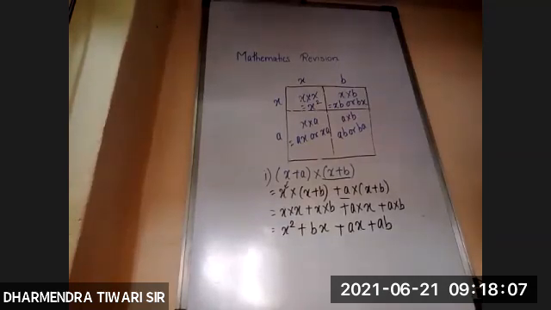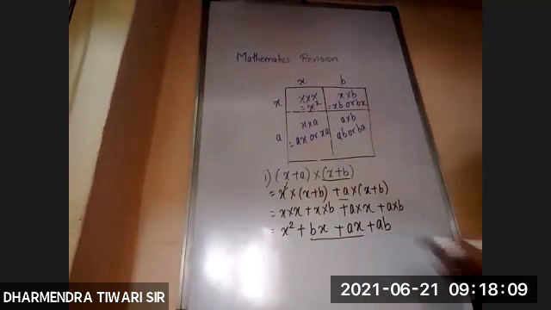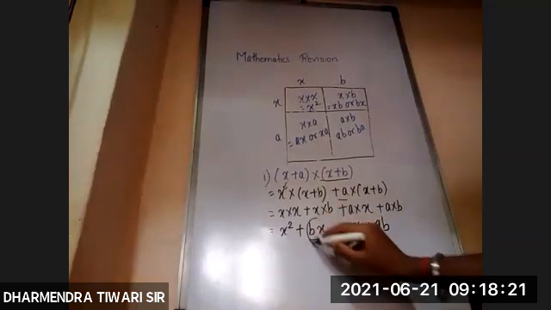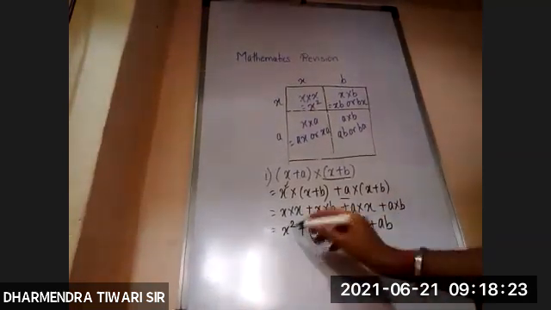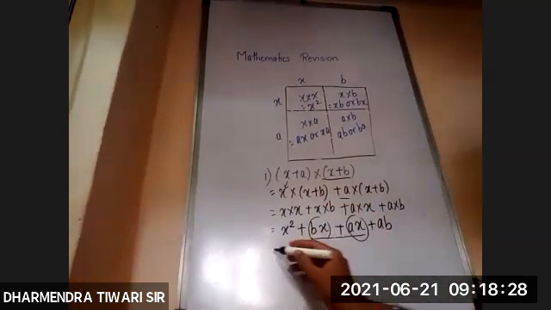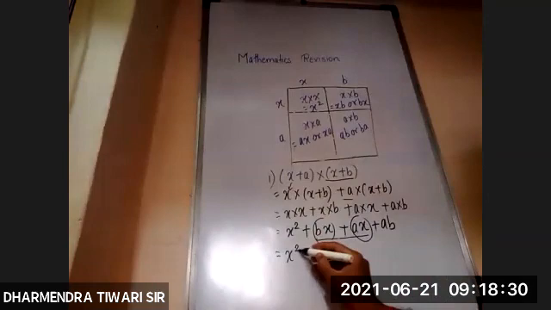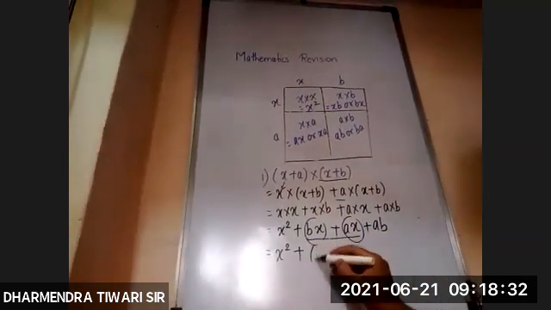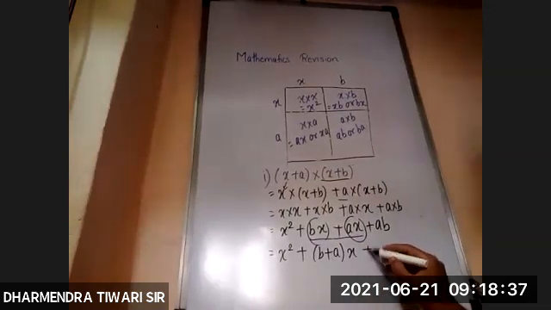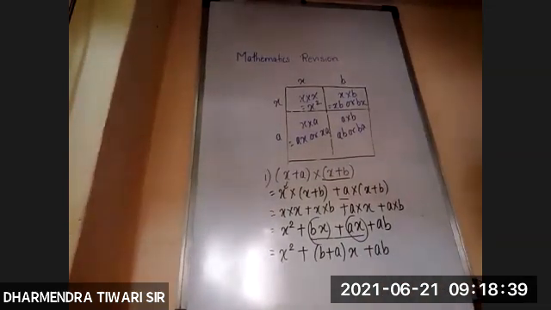Now, what is our observation? You observe that we can take x common, as x is present in both the terms. Here also x is present, and here also x is present. Here x square is present. Leave it. It is having degree 2, so we can write this as x square plus x is common, in the sense we can write this as b plus a into x plus ab.